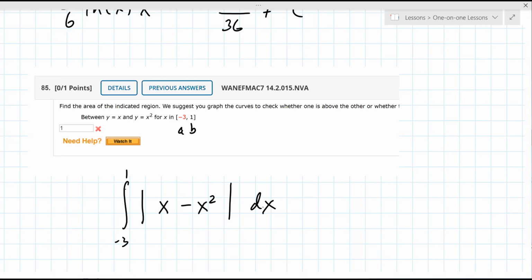It's negative 13.3. It has to be positive because it's absolute value. That's super critical.